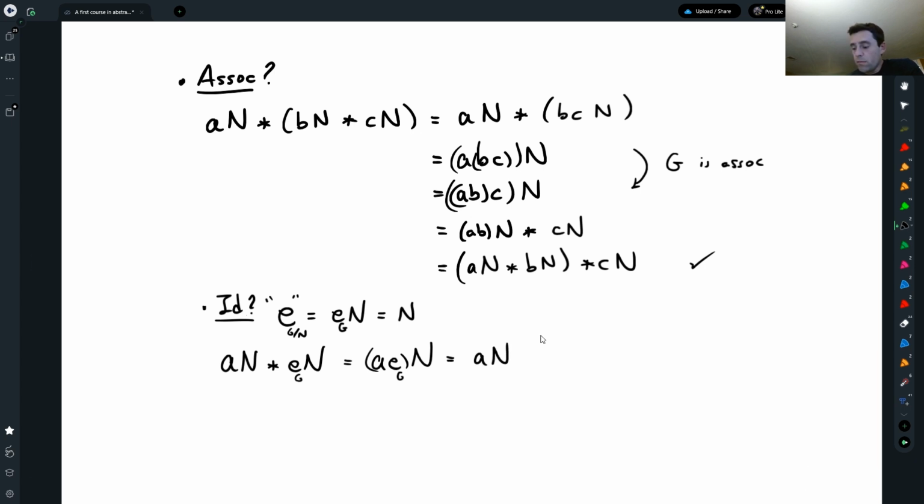And if I multiply on the right, I also get eaN, which is also just aN. So it works as an identity element.